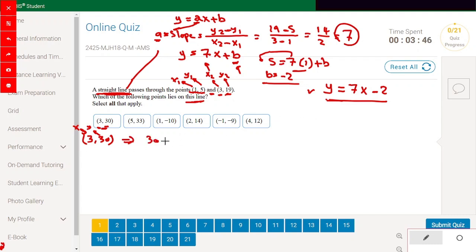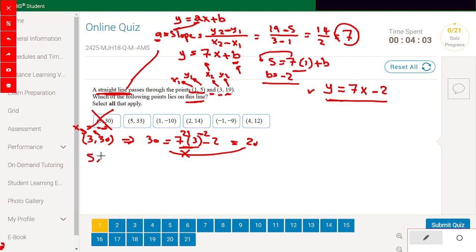So we'll say 30 equals 7 multiplied by 3 minus 2. This is 21 minus 2, which is 19. So this is not right. This is not the right answer.